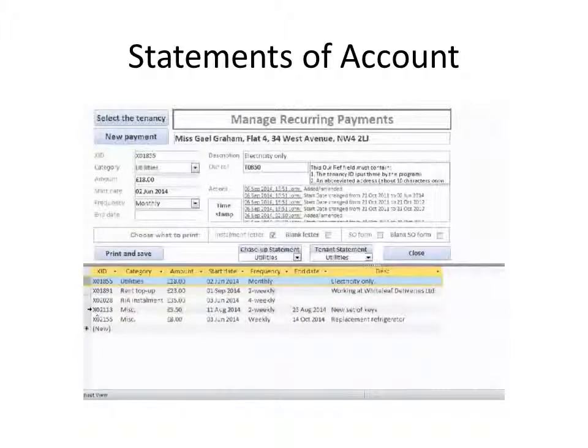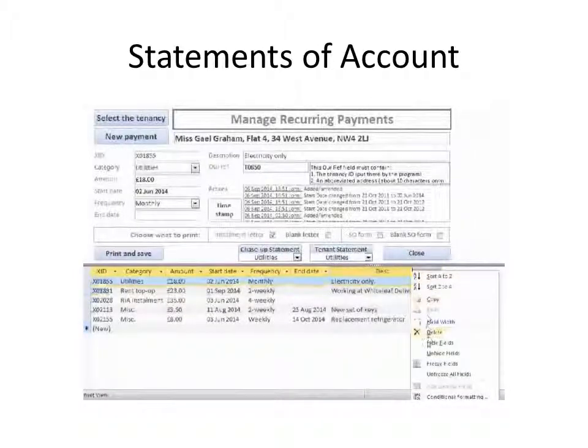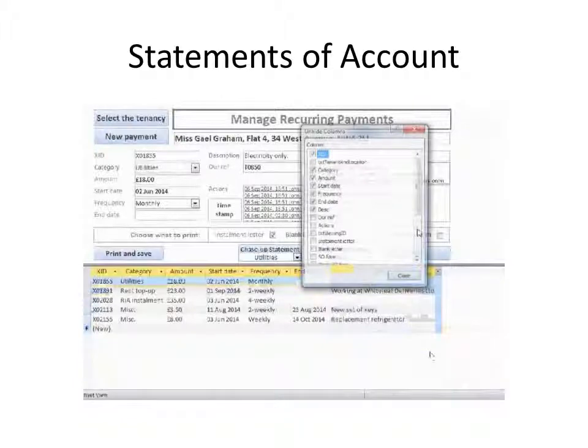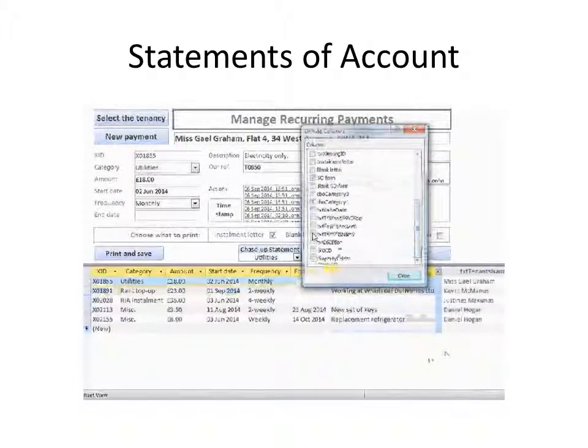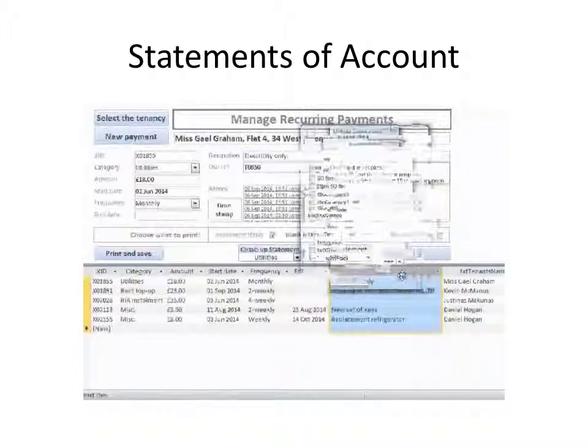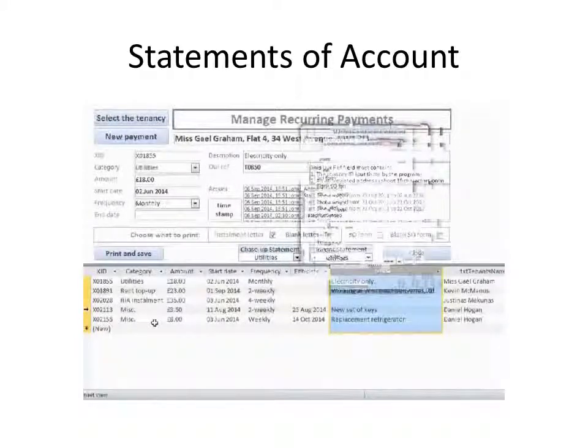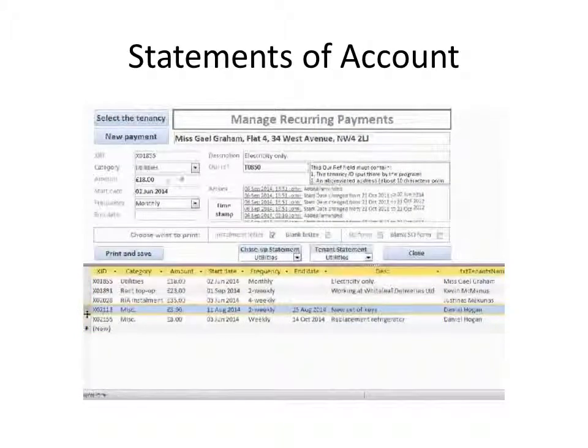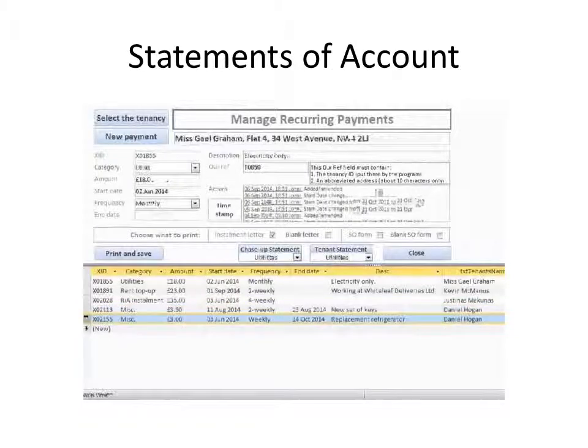Now, you can see down here that there are two miscellaneous, well, you can't actually see because the tenant's name is not shown. So let me just bring the tenant's name onto screen because it's hidden. You can see that these two recurring payments at the bottom are both for Mr. Hogan.